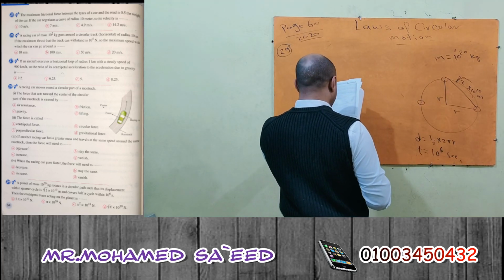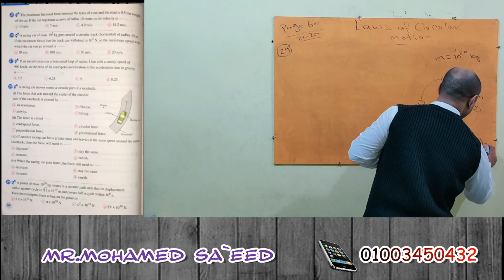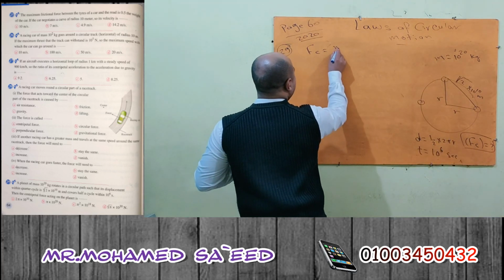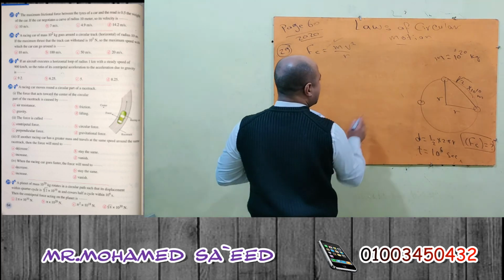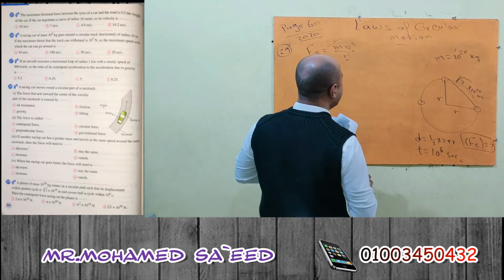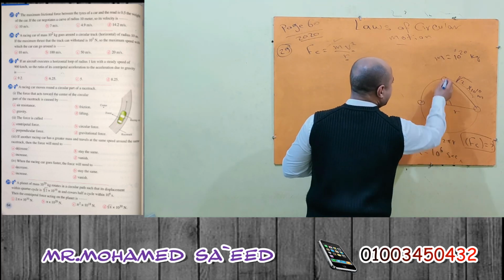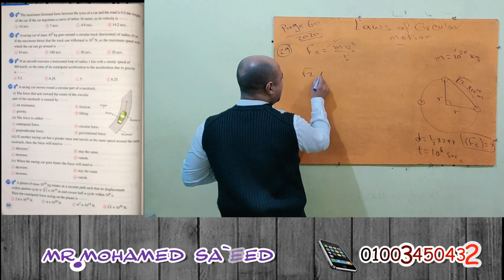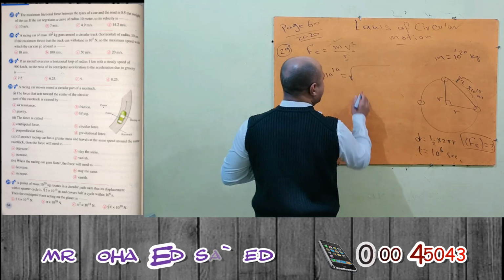Then the centripetal force acting on the planet is Fc equals mv squared over r. We have the mass of the planet, but we don't have the radius or the velocity. So we should get the radius first, then the velocity. We have the displacement from Pythagoras: square root 2 times 10 to the power 10 equals square root of r squared plus r squared, which means 2r squared.